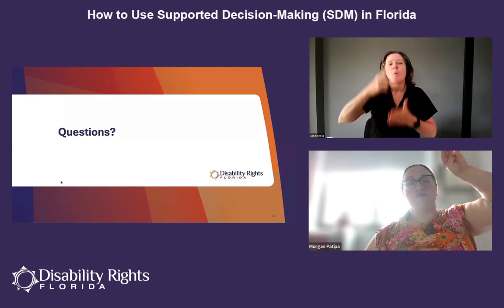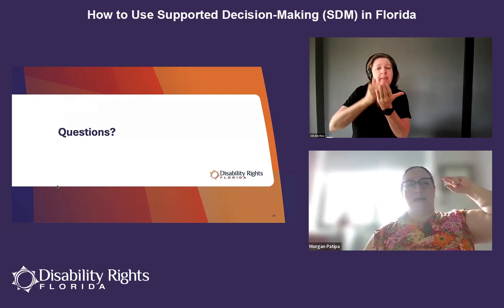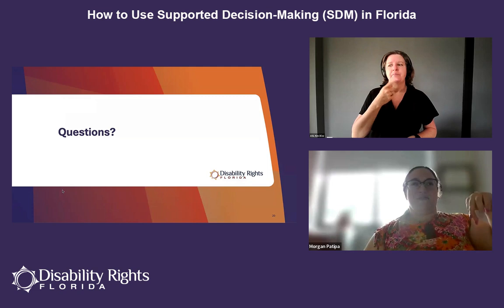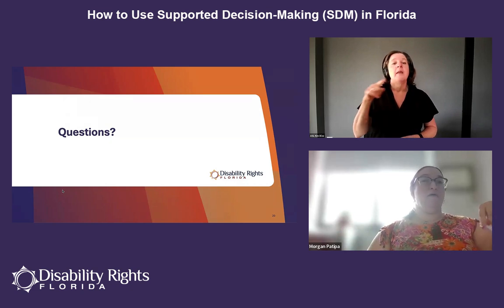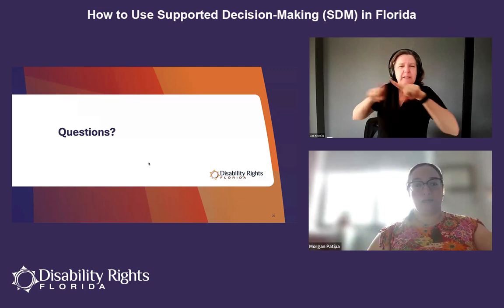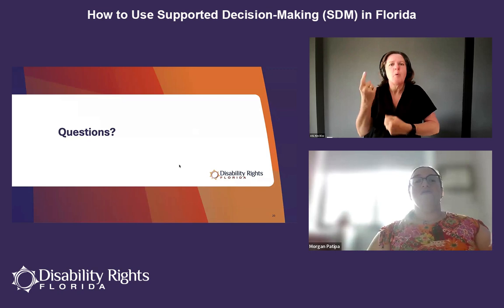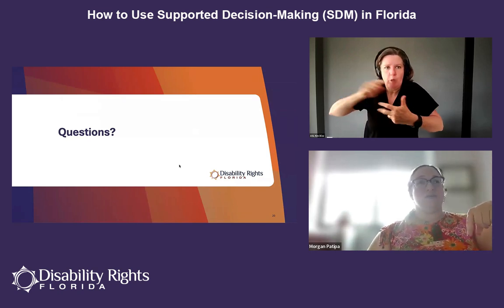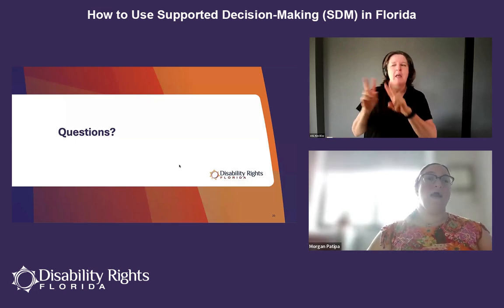So we go through sort of a checklist, and I ask the individual with a disability questions, and if they want the family involved as well, we go through a list of questions, and I say, okay, can you do this with support or without support, or do you need someone to do it for you? So we go through that list of questions. We decide if SDM is right for the individual.